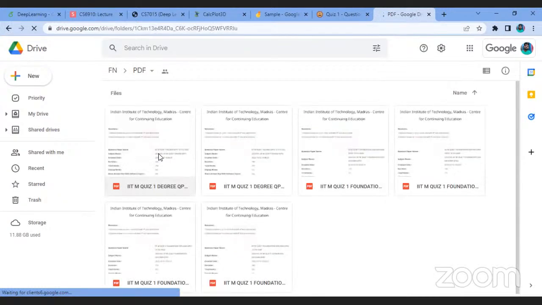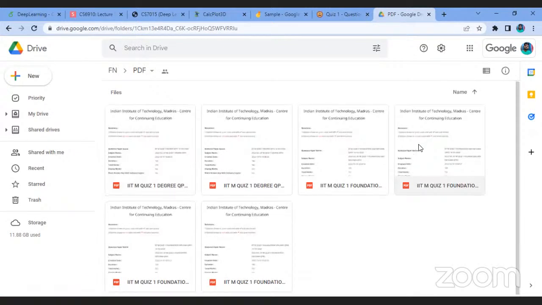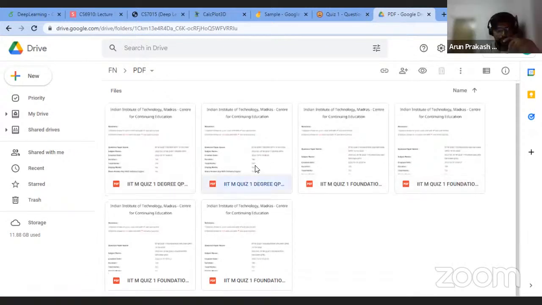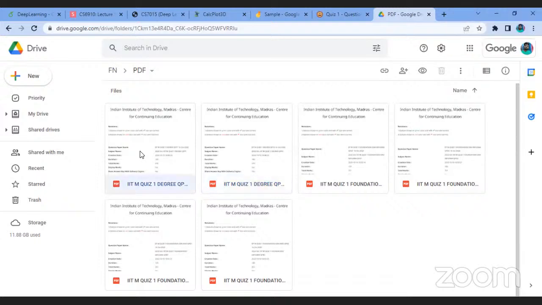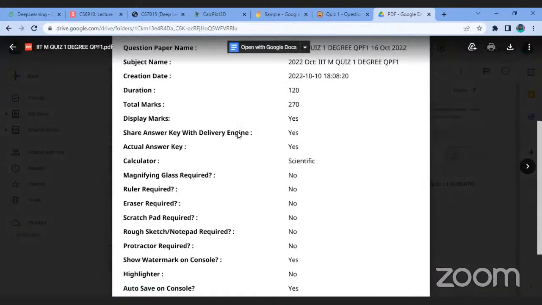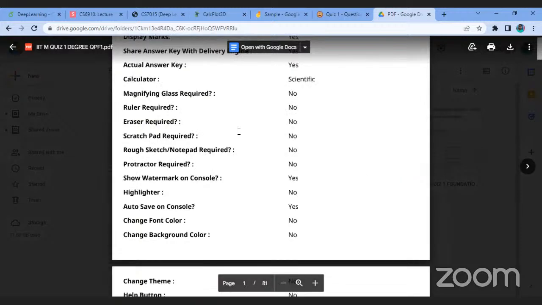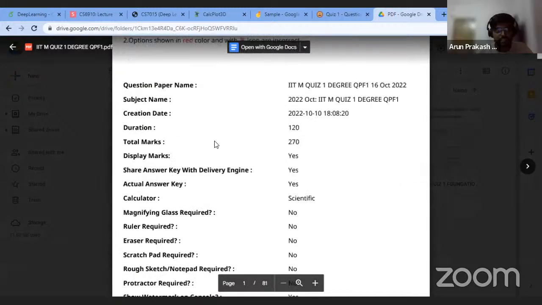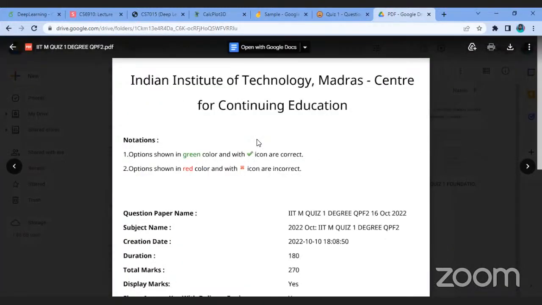Then download this QP, I think, degree one. First one, this one. No, this is F1, the other one, not this one. Yeah, this one.